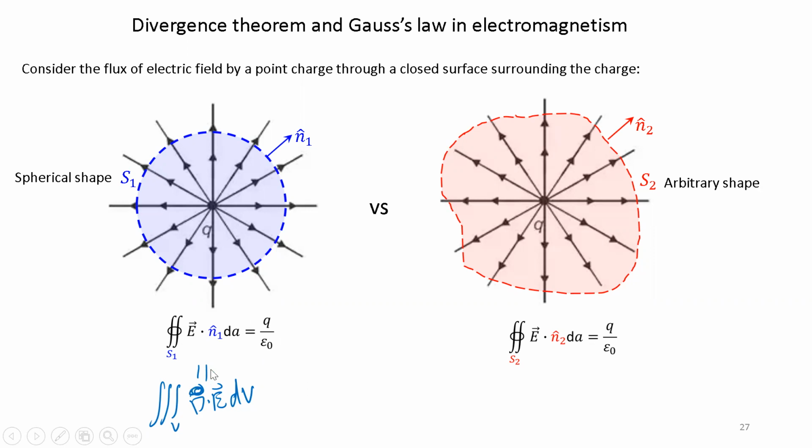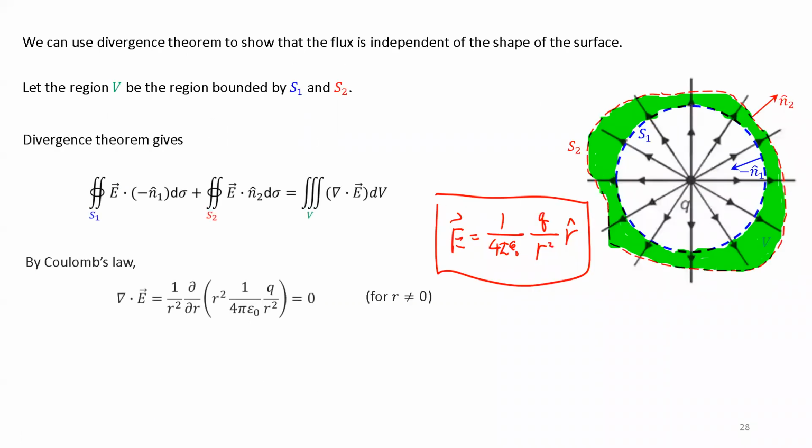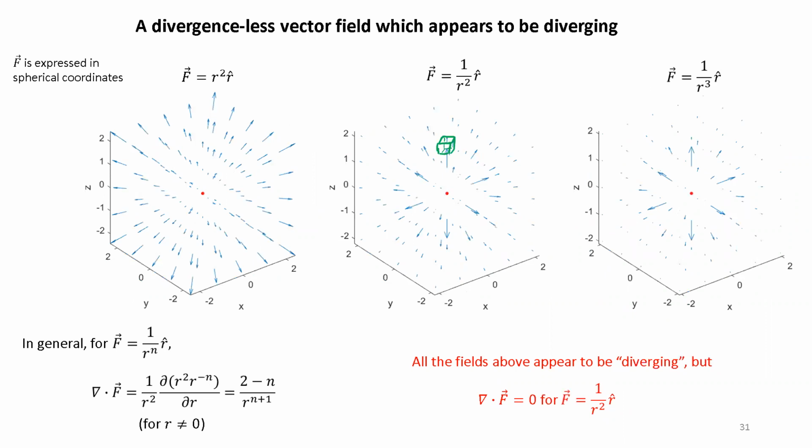All right, let me also finish the last one or two slides before having a break. I just clarified that even if the field looks like it's diverging, in this specific case it may not be.